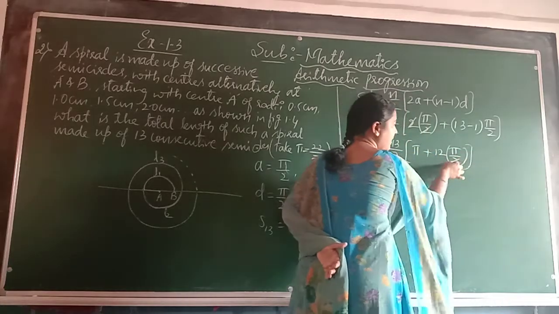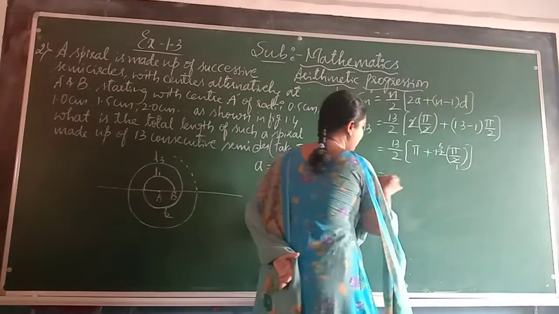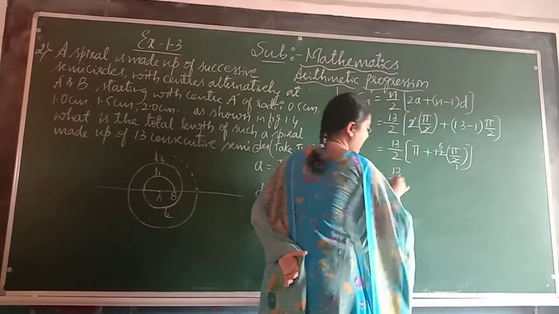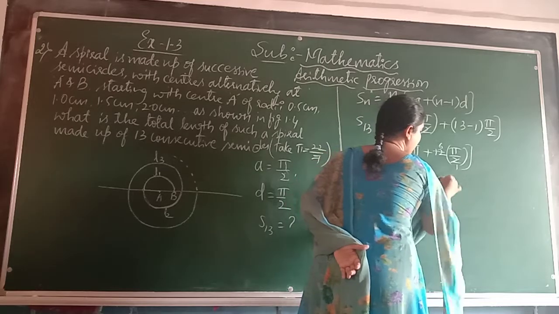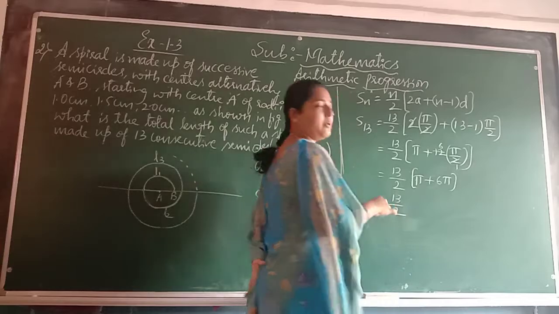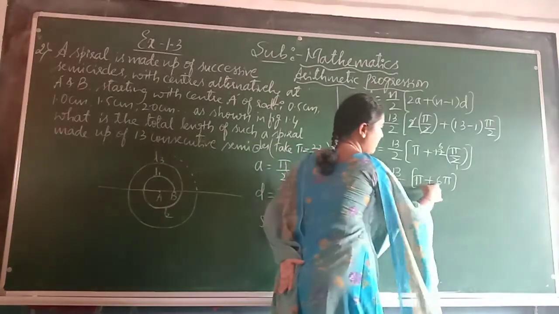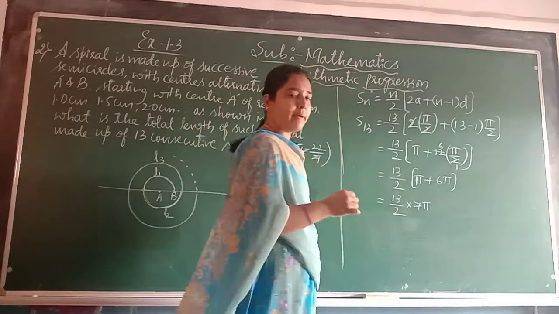Again observe here, 2 sixes are 12, get cancelled. Now 13 by 2 into pi plus 6 pi remains. This is equal to 13 by 2 into pi plus 6 pi, which is nothing but 7 pi.